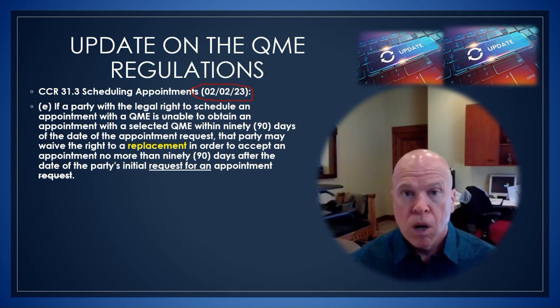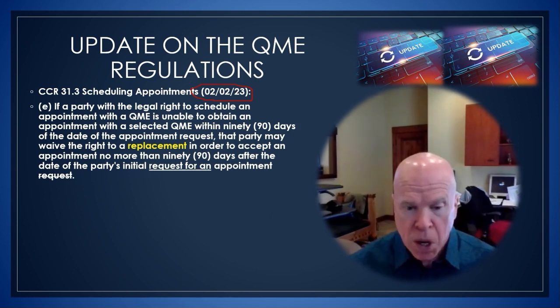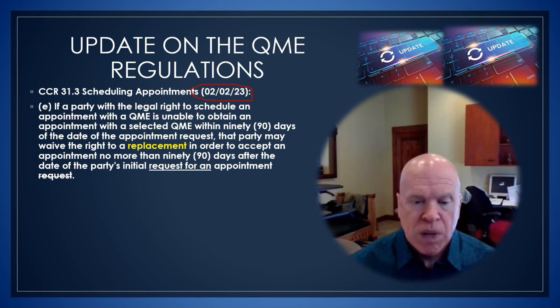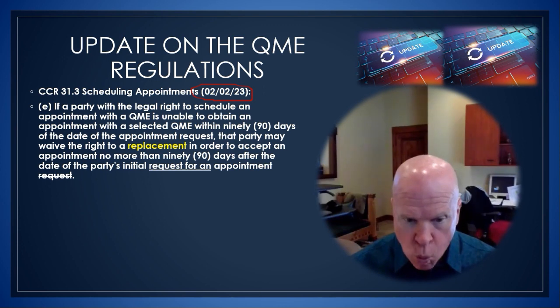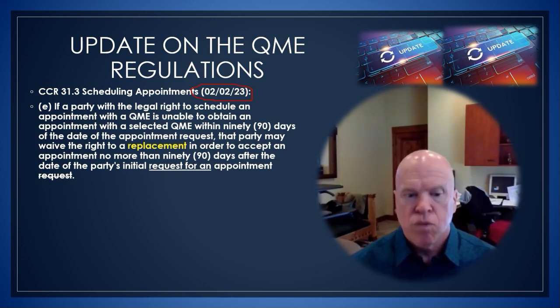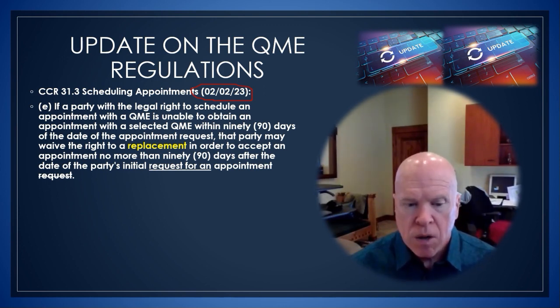They have some rights. Okay, that party may waive their right. They have a right. They may waive their right to a replacement panel in order to accept an appointment no more than 120 days. This should say 120 days. Okay, 120 days after the date of the party's initial request for an appointment request.